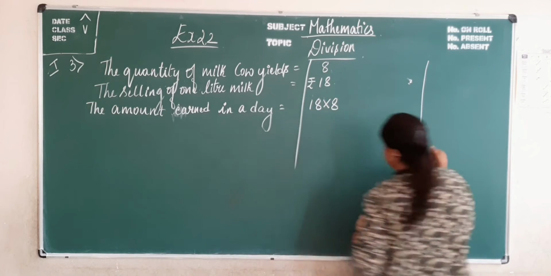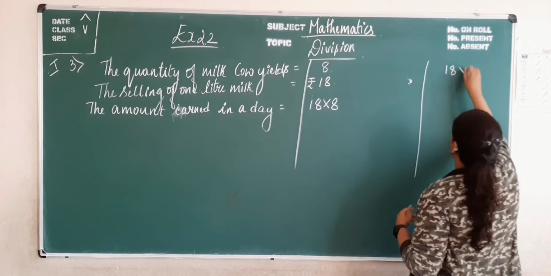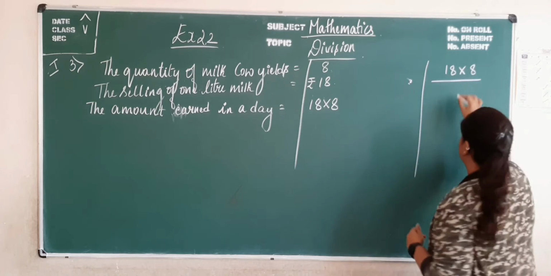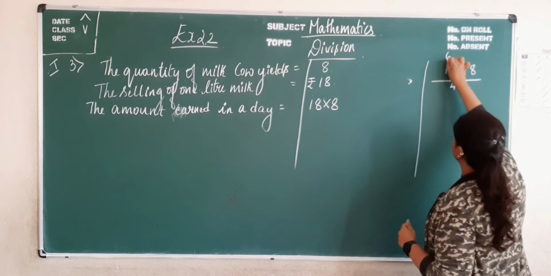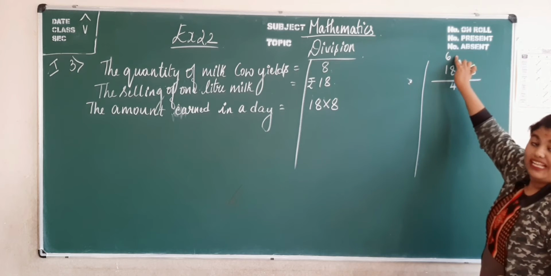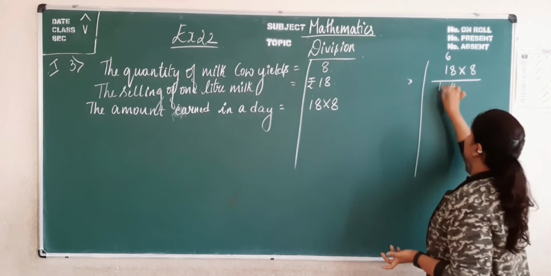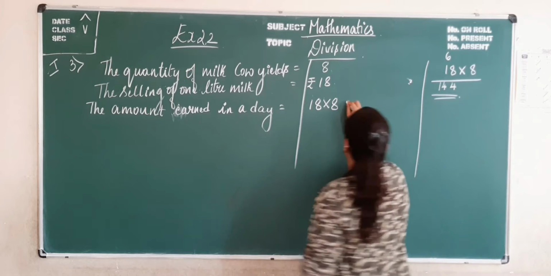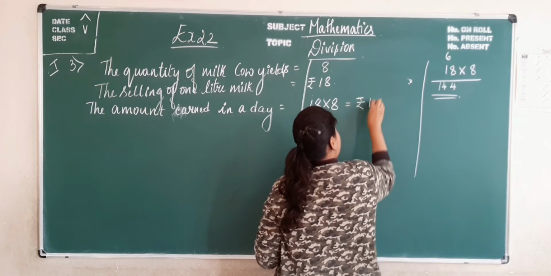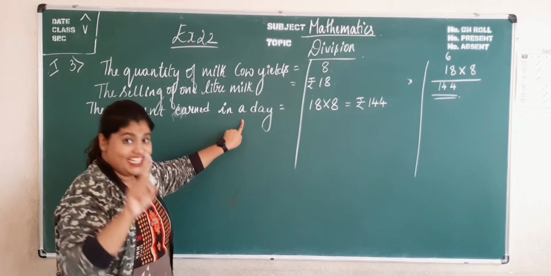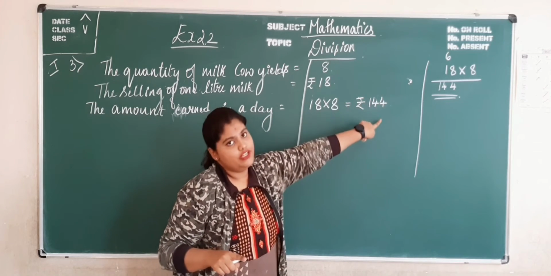Draw a working column and multiply along with me. 18 into 8. What is 8 8s? 64. So 4, 6 carry. What is 8 1s? 8. What is 8 plus 6? 14. So 144. Therefore, the amount earned in a day is 144 rupees.